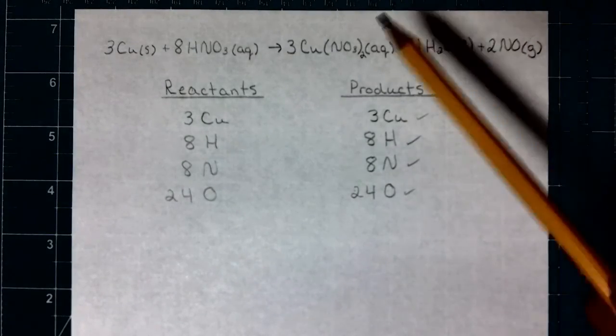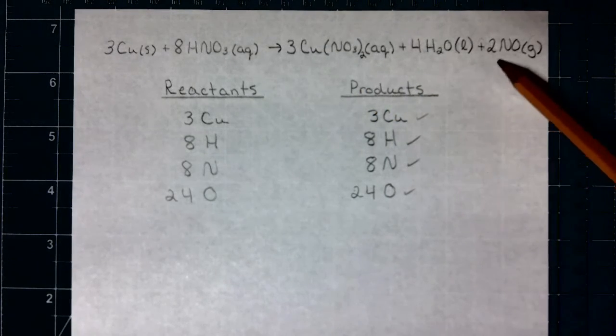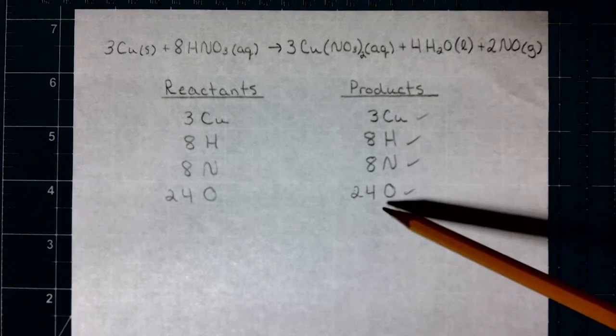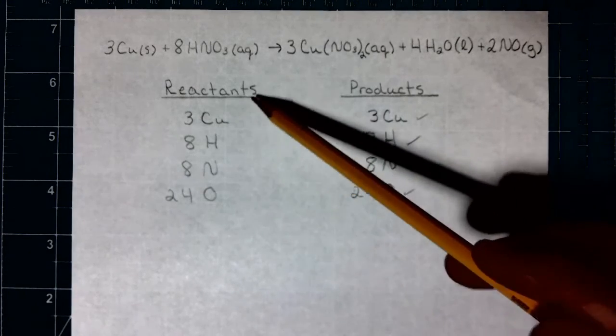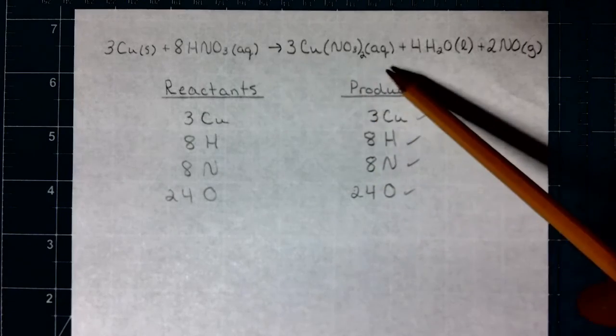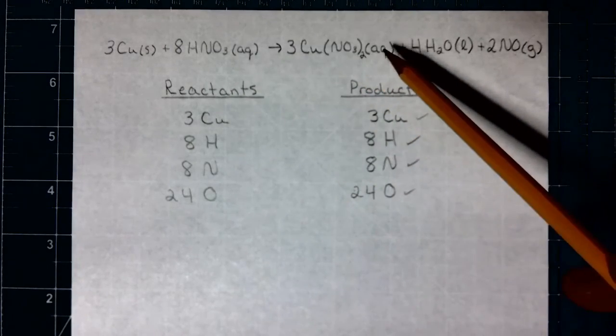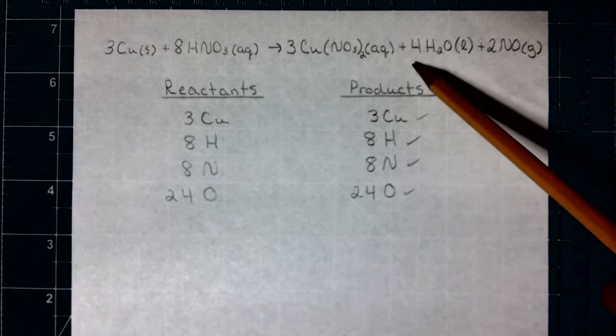And as it turns out, when I make this a 4 and this a 2, and I go through all of my math again, I actually do get balance. So whenever you're being asked these questions, it's important to remember that this is a balanceable equation. Like, it's not really super tricky.